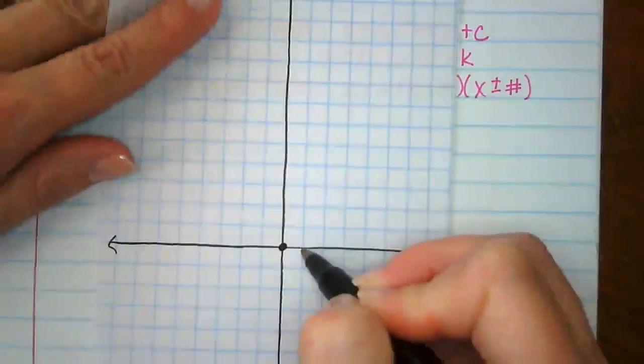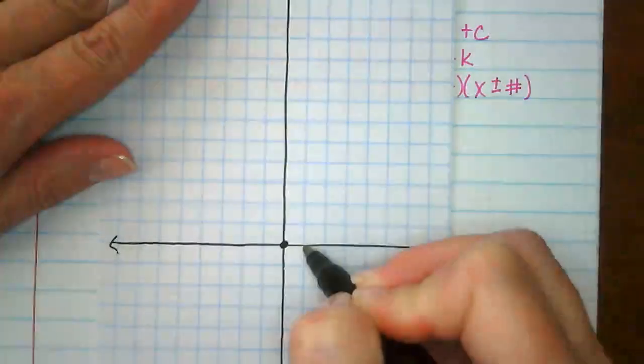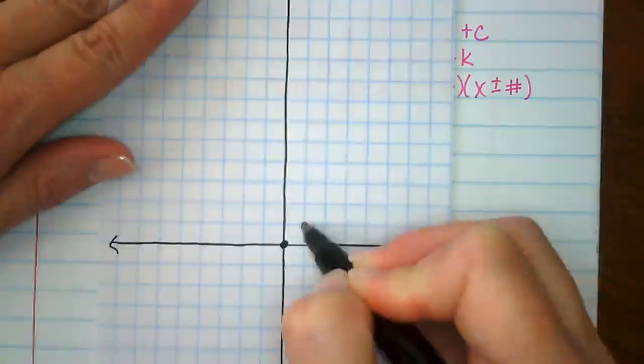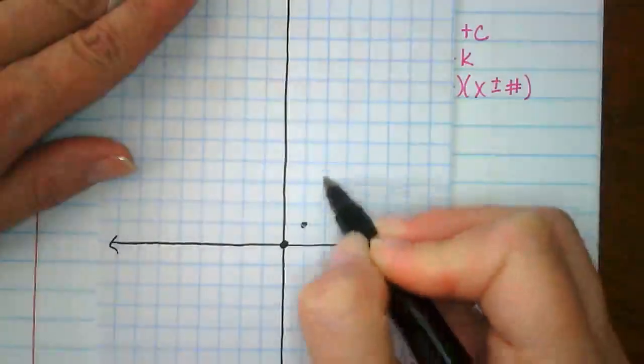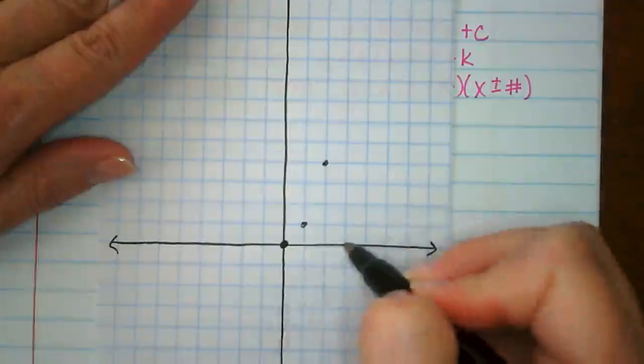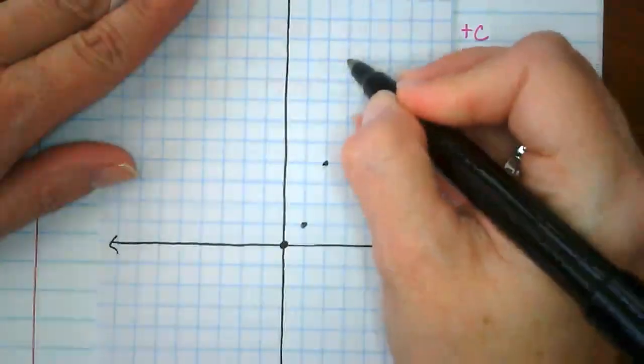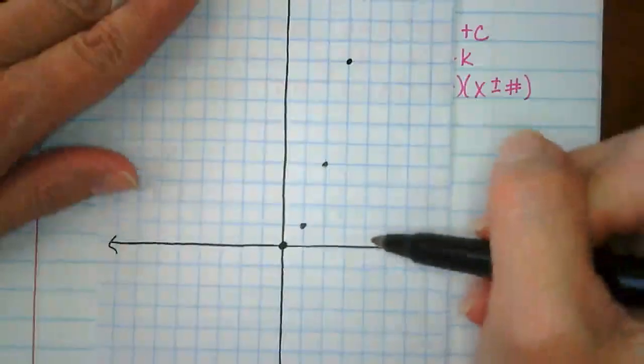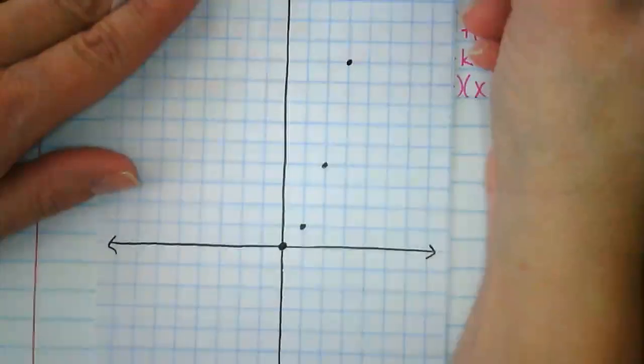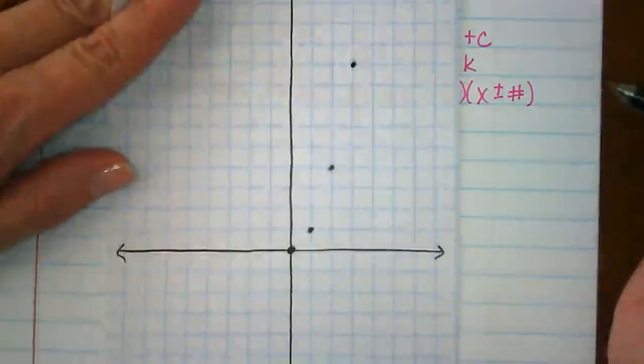If we fill in 1, we get 1. If we fill in 2, we get 4. If we fill in 3, we get 9. If we were to fill in 4, we would get 16. That's off of my graph.